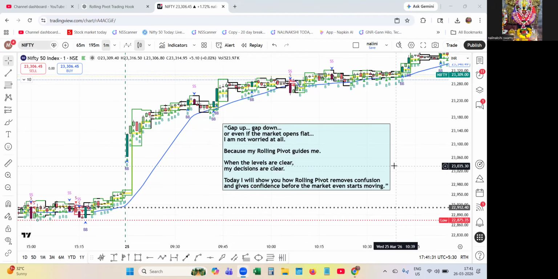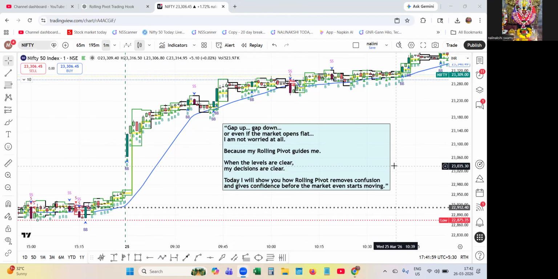After creating my indicator, everything became magical. Now whether the market gaps up or gaps down, or even if it opens flat, I'm not worried at all.